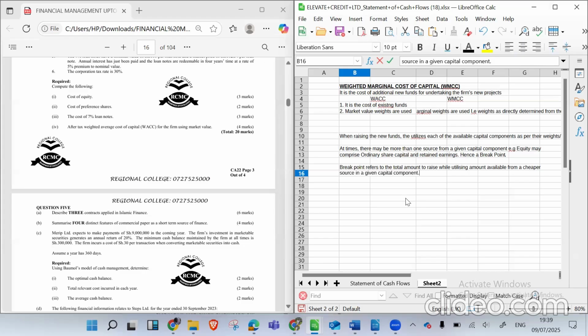What is the total that I'll be raising when I'm using retained earnings as my equity before I use the ordinary shares? Again, as I said, we are going to see it in the question.